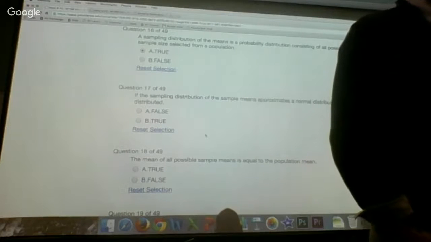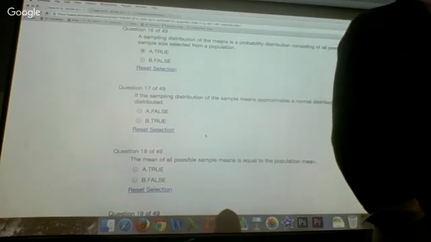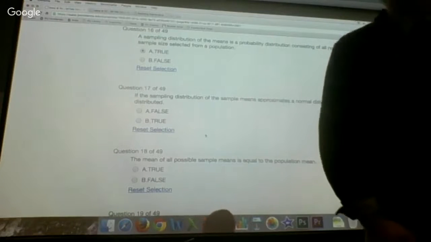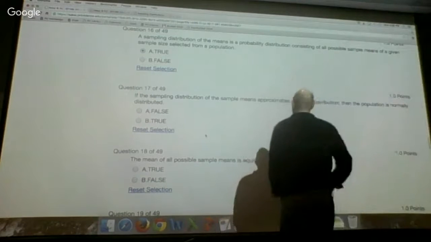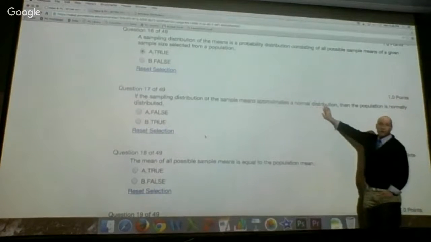Yeah. So this really only goes one direction. In fact, always, if you have a sufficiently large sample size, the sampling distributions of the sample means will approximate a normal distribution. Always.